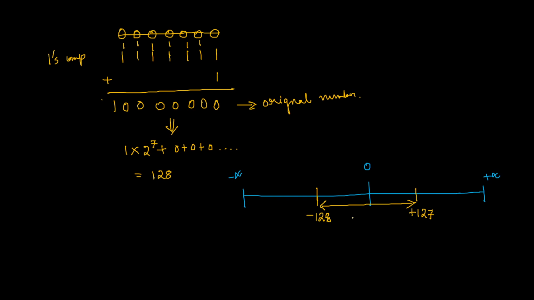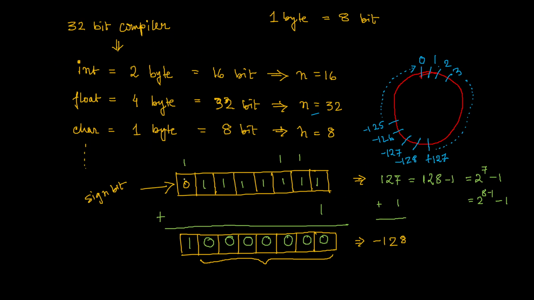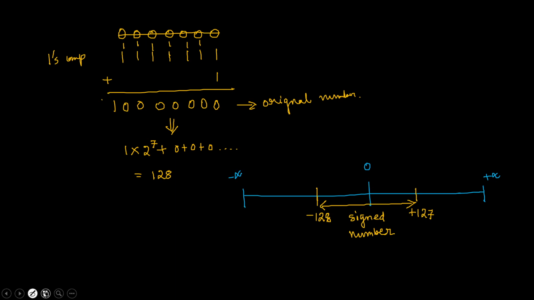In case of signed bit, signed number. But if we forget about this signed bit, what we have seen? We have seen that the minimum value starts from 0 and will go up to say 255, right?